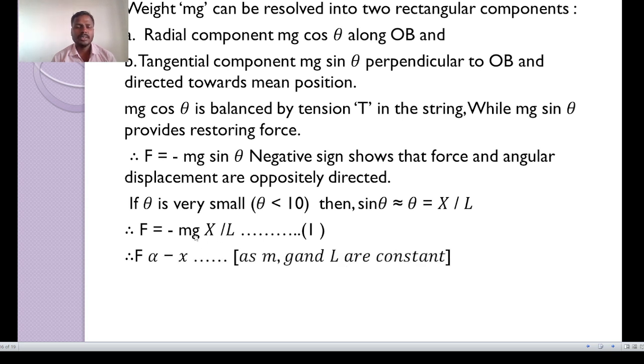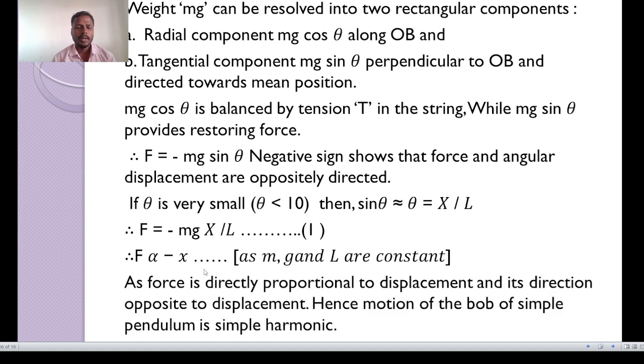As mg and L are constant, F is directly proportional to minus x. As force is directly proportional to the displacement and its direction is opposite to the displacement, the motion of the bob of a simple pendulum is simple harmonic motion.